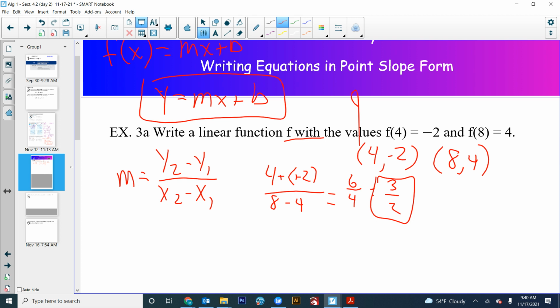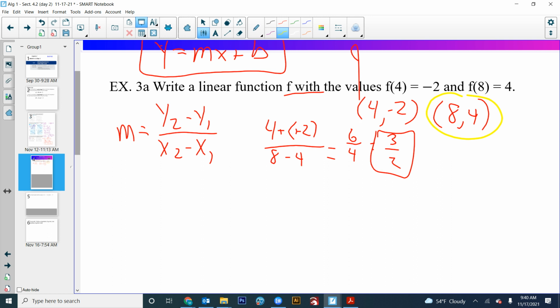It does not matter. 8, 4. Is everybody okay with that? Let's pick 8, 4. So let's do this one right here. This is my X. This is my Y. This is my M. Let's put that in point slope form, which is this.